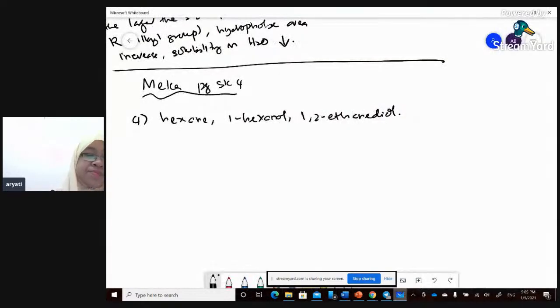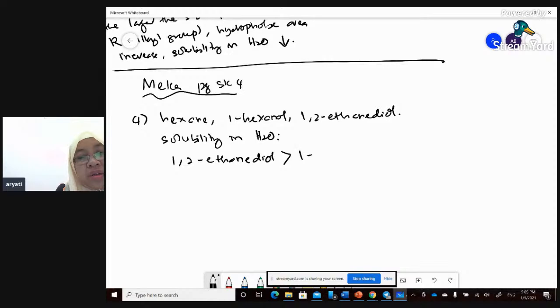Okay, so paling dissolve in water, solubility in water, the most soluble will be 1,2 ethane diol, more soluble than 1 hexanol, more soluble than hexane.